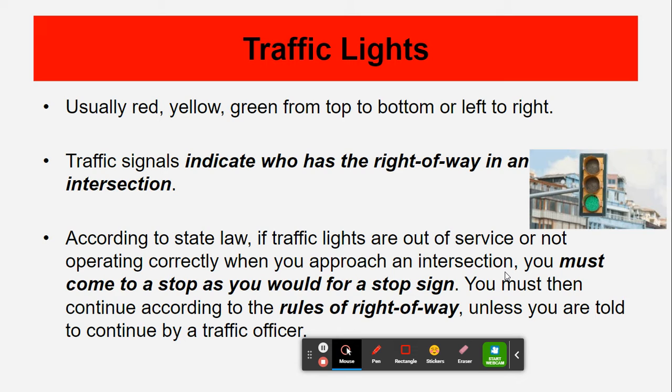Okay. This is the rules of the road. You must come to a complete stop as if it were a stop sign. Okay. You must then continue according to the rules of right of way, unless you are told to continue by some type of traffic officer. Okay. That's how it works.